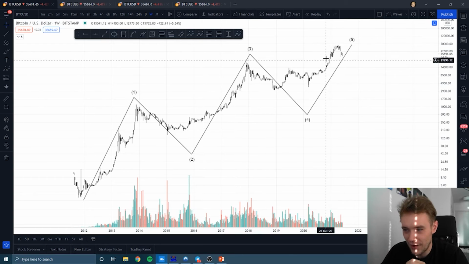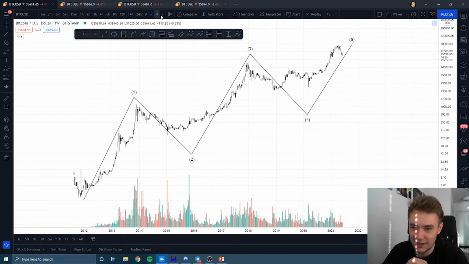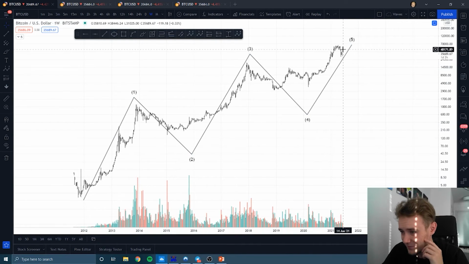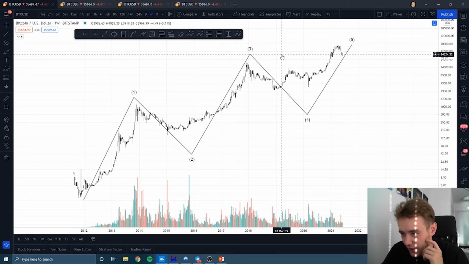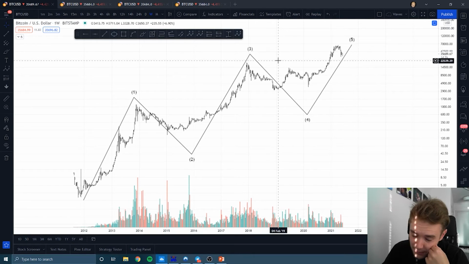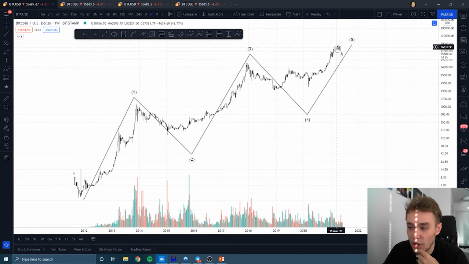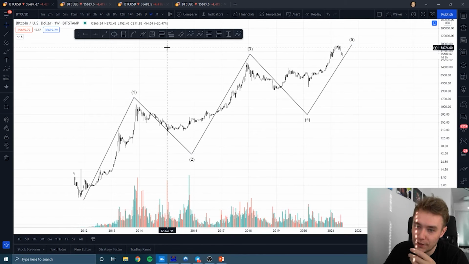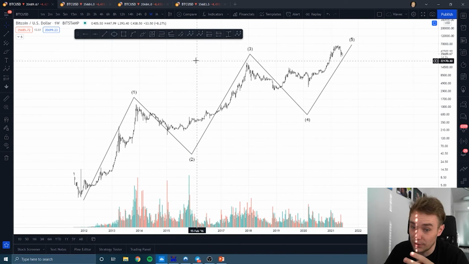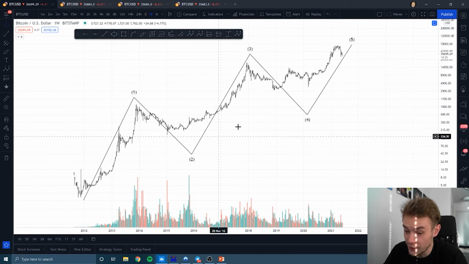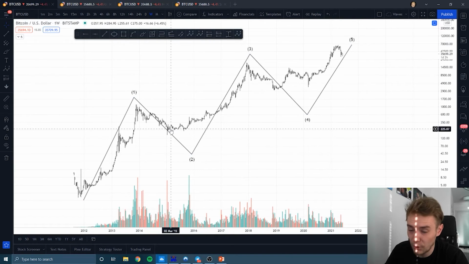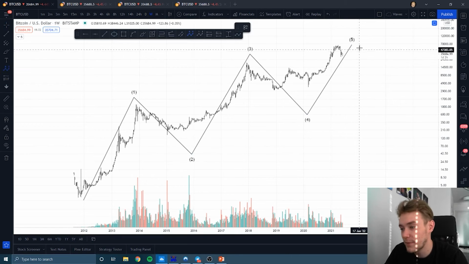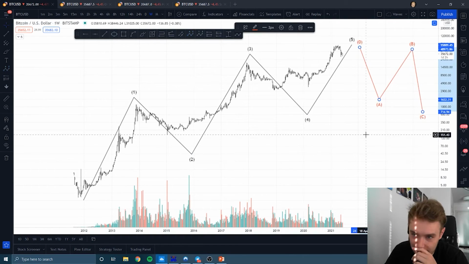Because this looks very toppy from the weekly, from a high time frame. We didn't even get that dragged out of the top here, or really here. So some advanced traders are calling for a multi-year bear market, because since we've completed Bitcoin's first complete impulsive cycle, we should be expecting a three-wave corrective move.